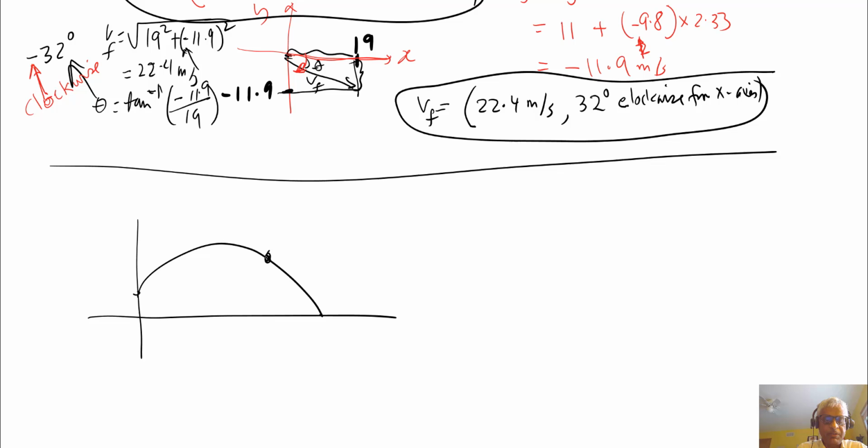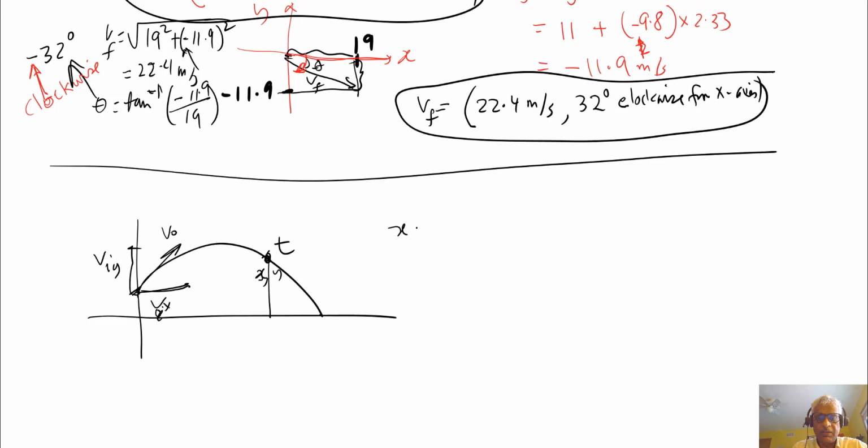At any arbitrary time t, this is v0 and this was the v0x. So if you had some arbitrary time, you had an x-axis and y-axis.